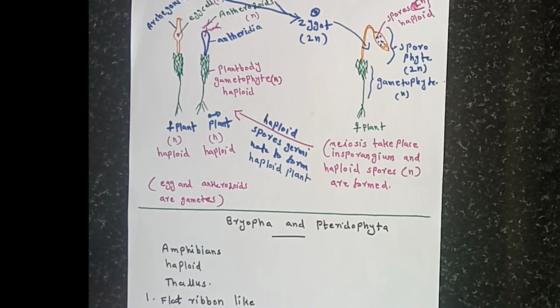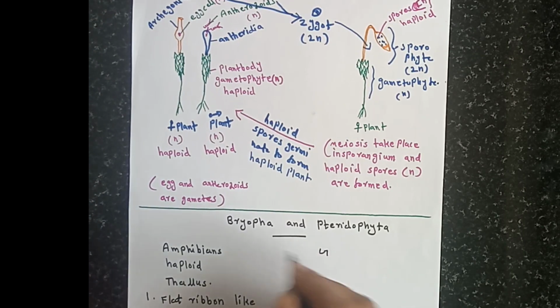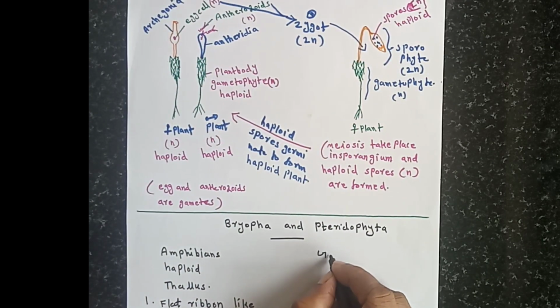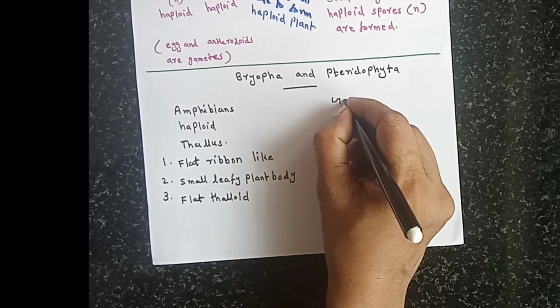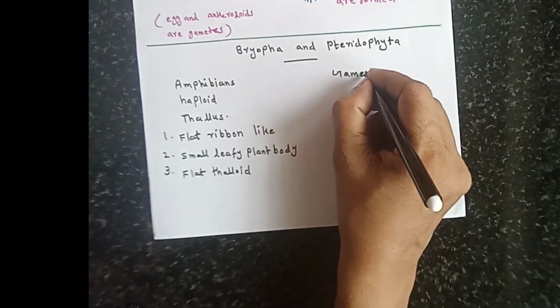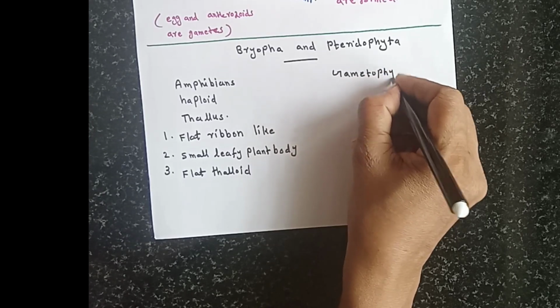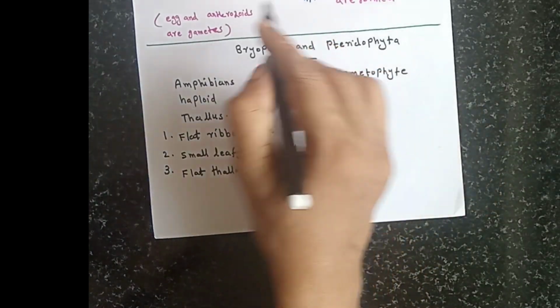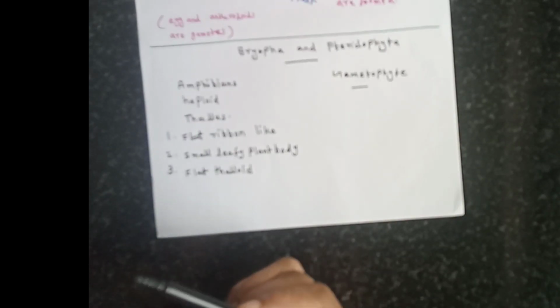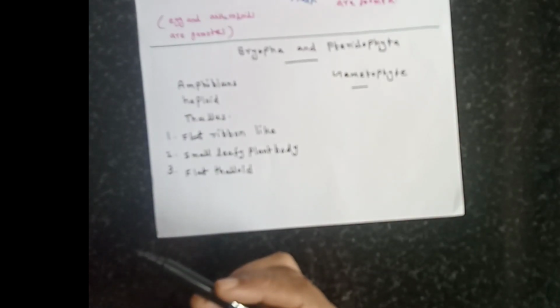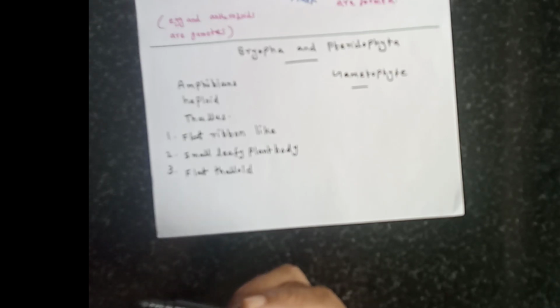Then the comparison of the gametophytic and sporophytic phases of bryophytes. First we discuss the gametophyte, the main plant body. This gametophytic part is haploid, with half the number of chromosomes, and generally autotrophic.